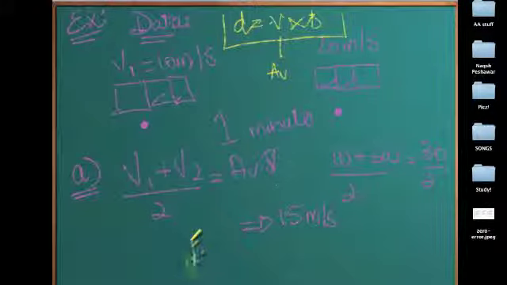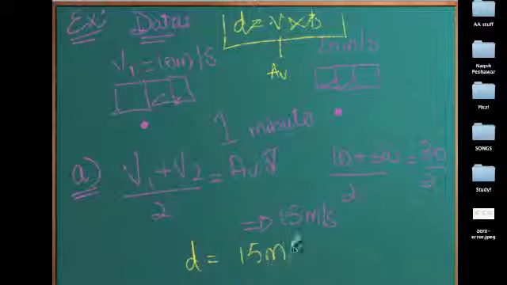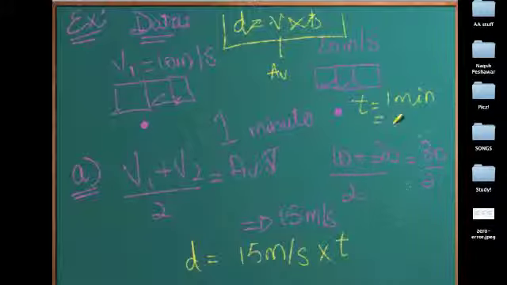Since they're asking for a distance or the displacement, we do 15 meters per second times time. The time here is given in 1 minute, but we know that the SI unit is seconds, so we will convert this time to seconds. We know 1 minute is equal to 60 seconds.